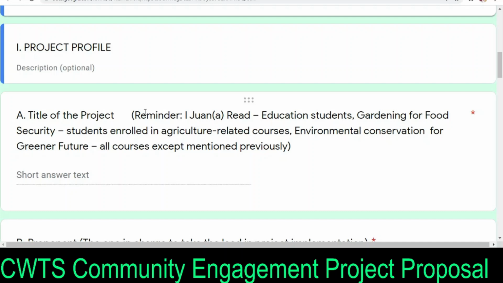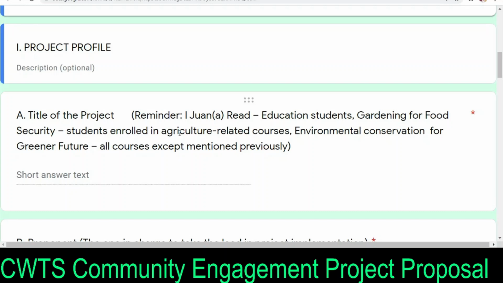The first part of the project profile is the title of the project. I would like to remind you that we have pre-identified thematic areas. I wanna read for education students, gardening, food security.